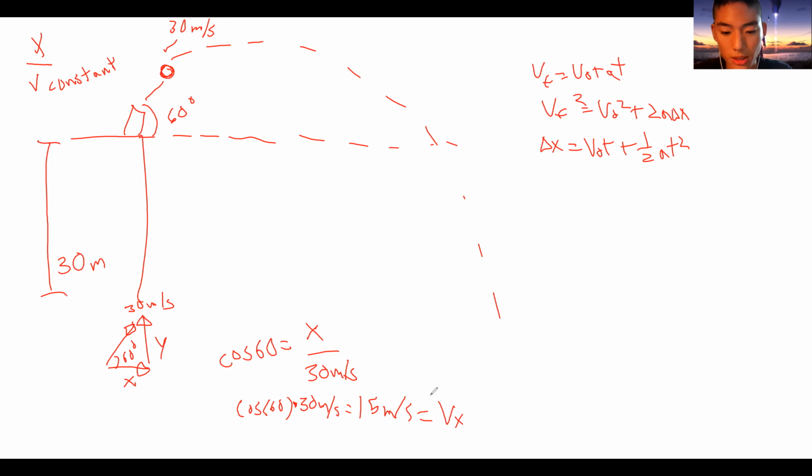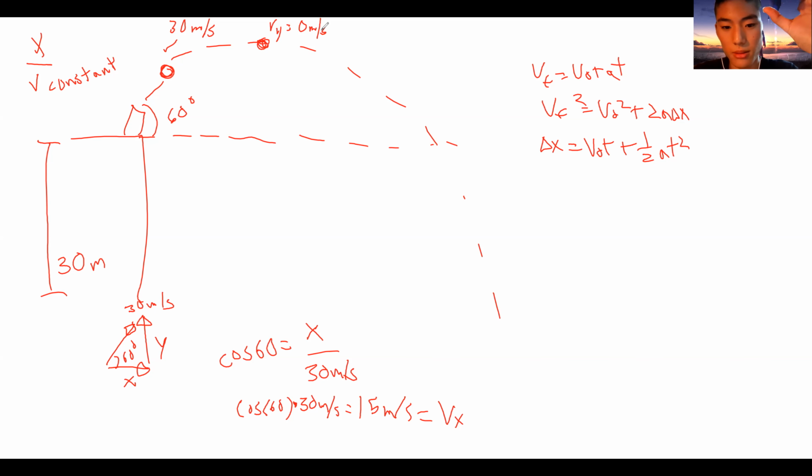So that equals your Vx. I usually use x as a subscript to tell myself that this is the velocity for the x direction. And we know that in projectile motion in AP Physics 1, our horizontal velocity is always constant, so it's always going to stay at 15 meters per second. However, its y direction velocity does change because we have gravity acting. Also, if I haven't mentioned before, at the peak of the projectile's flight, its y velocity, Vy, is equal to 0, because at that instant, the object is not going up or down.